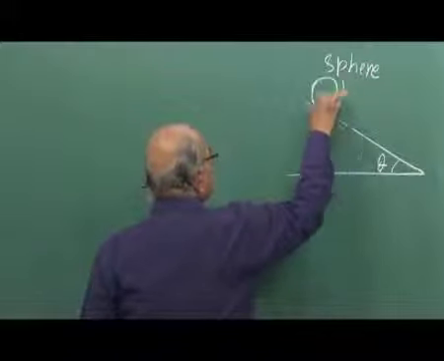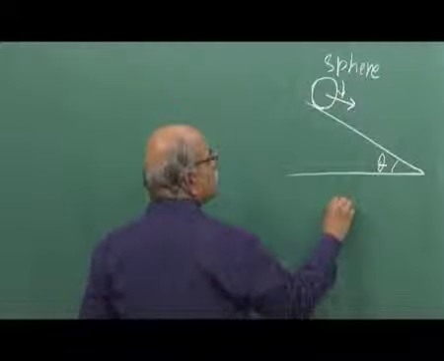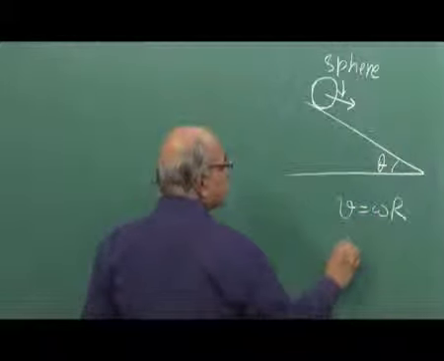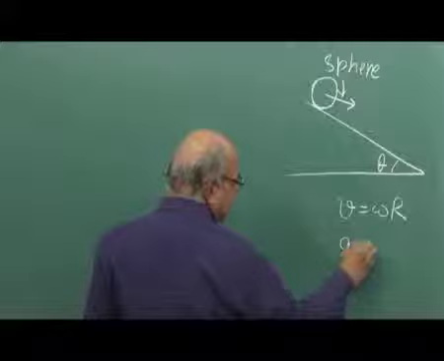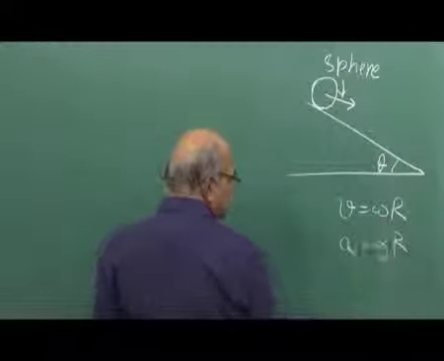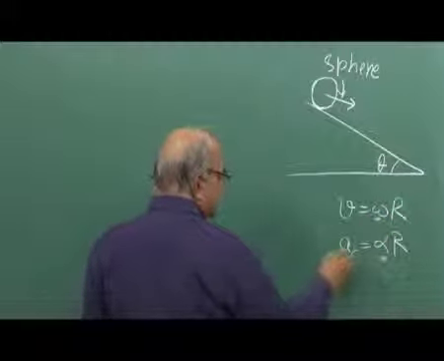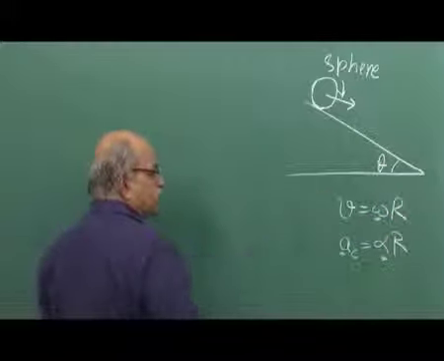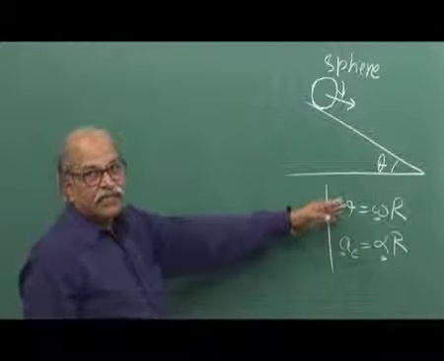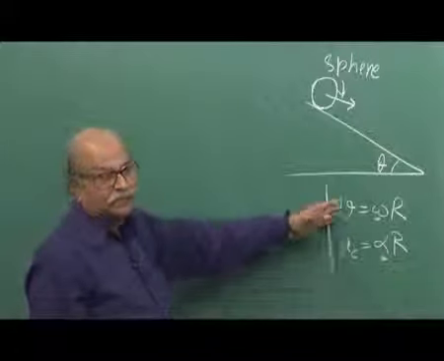So it can rotate, it can move, and all the time you can have V equal to omega times R, and acceleration of center a equal to alpha times R. This is angular acceleration, this is angular velocity, this is linear acceleration of the center. When these conditions are satisfied, you say it is pure rolling.